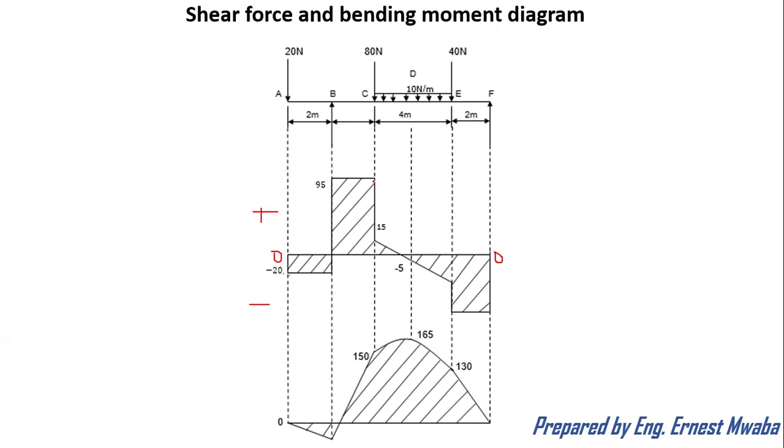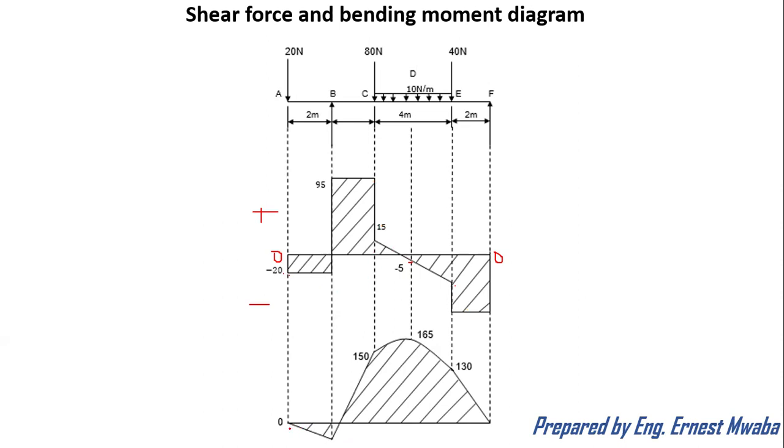Even if it was a negative, we could have come to where it is and we continue. Here we also have the one for point D, which was -5. So this is our -5 here and that. So we connect them using straight lines and we close. Then we can shade or just leave the boundaries.